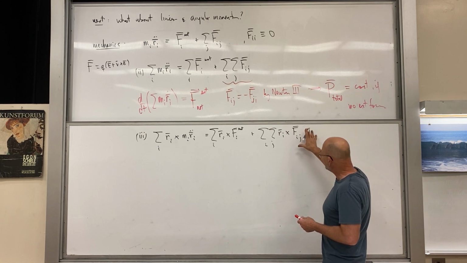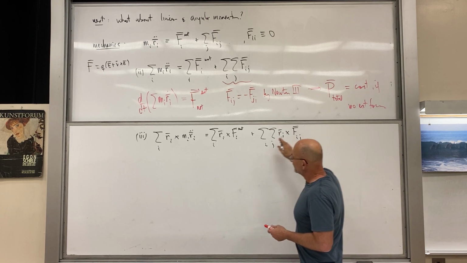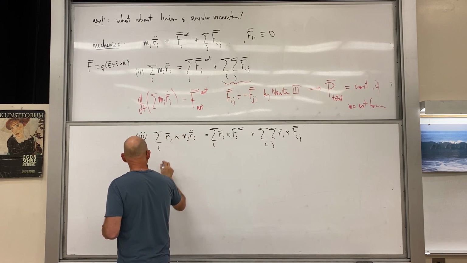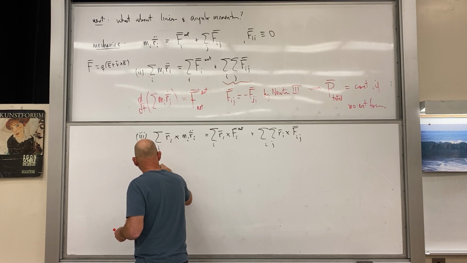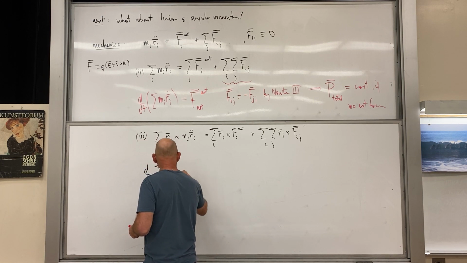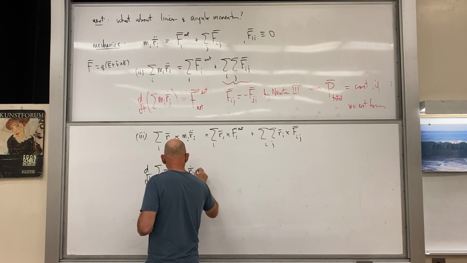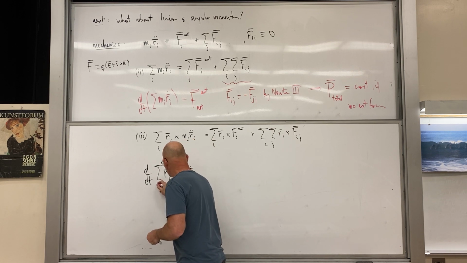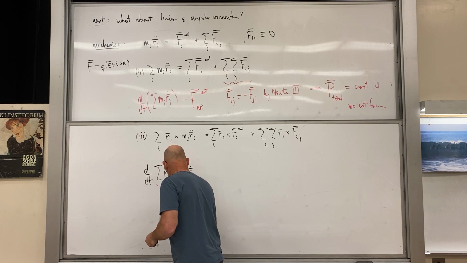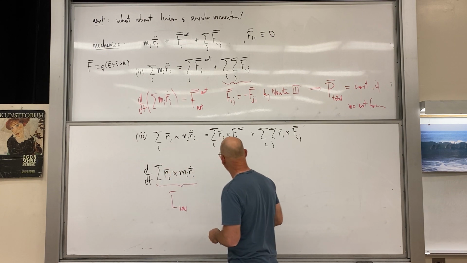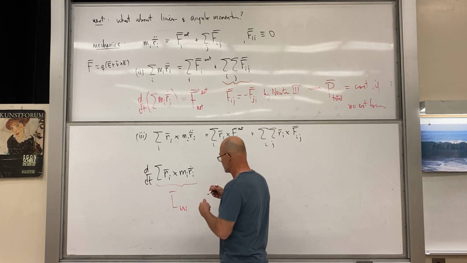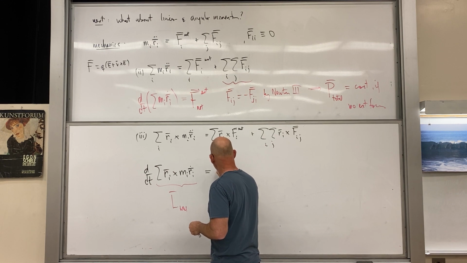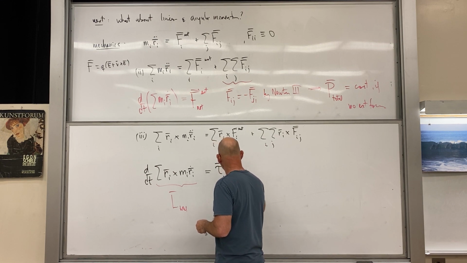Okay, so what happened here? Again, this time I'll save. We end up with the complete time derivative of the sum of r sub i cross m sub i r sub i dot. The first derivative turns into the total angular momentum, L total, and this here turns into the torque, I'll use the letter T, net external.